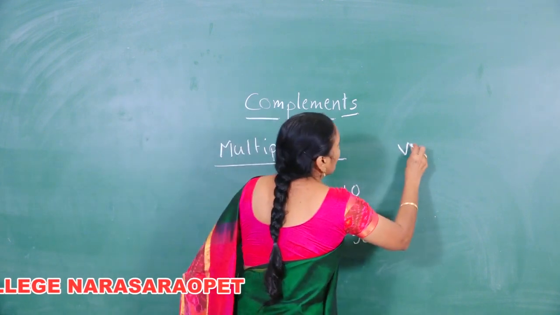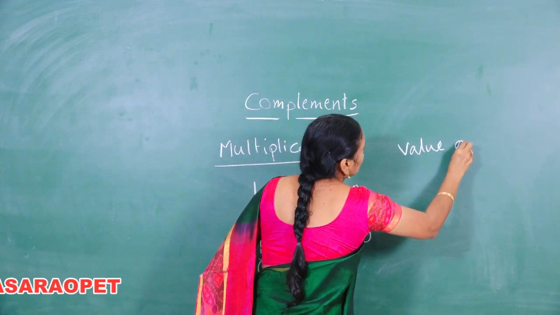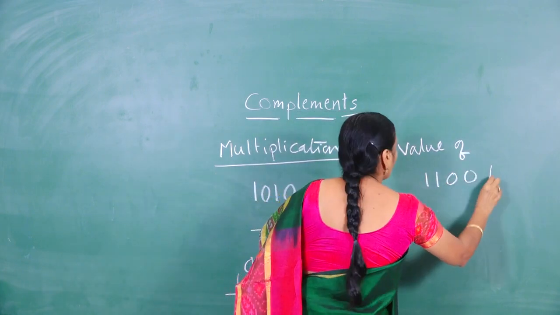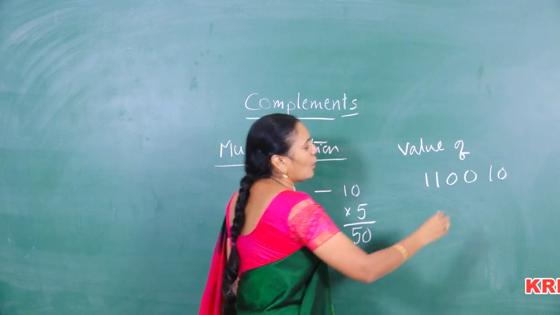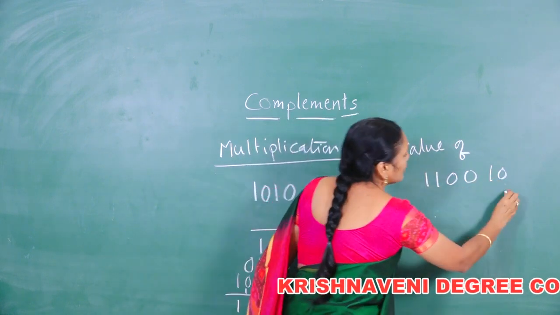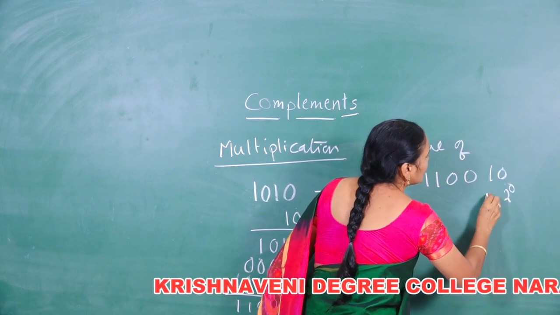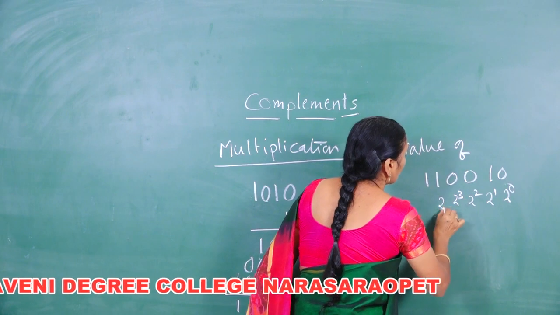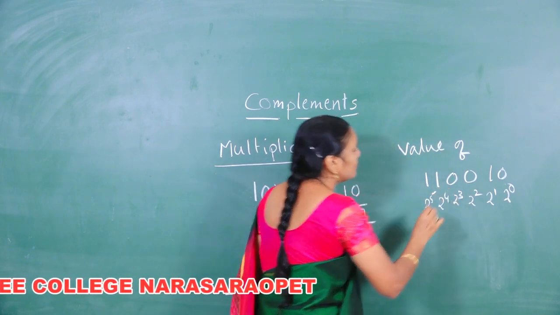Let us try to find the value of 110010. As it is a binary number, the place values will be 2 to the power of 0, 2 to the power of 1, 2 to the power of 2, 2 to the power of 3, 2 to the power of 4, 2 to the power of 5.